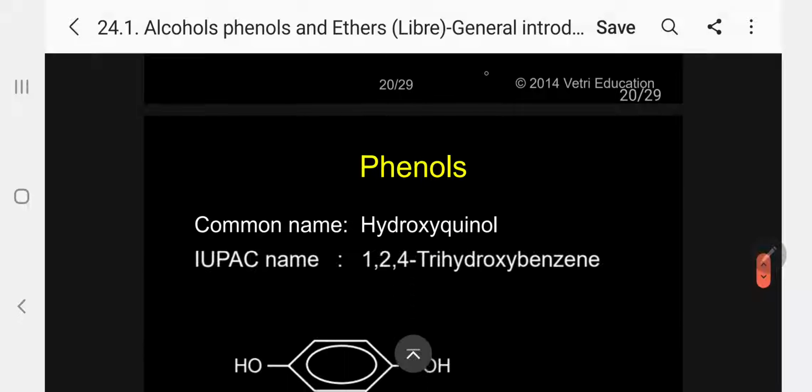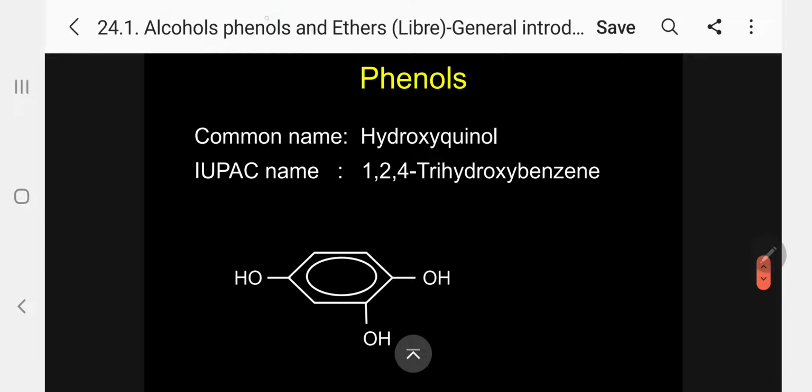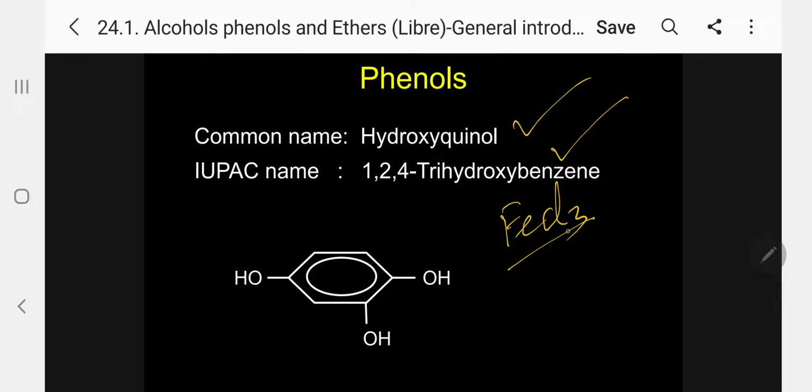The next one. Common name for this one, hydroxyquinol, or IUPAC 1,2,4-trihydroxybenzene. With neutral ferric chloride, kindly follow, it gives reddish color changing to green.